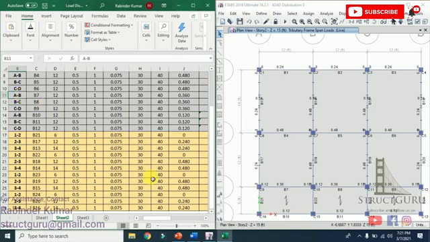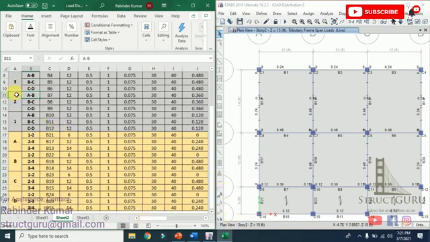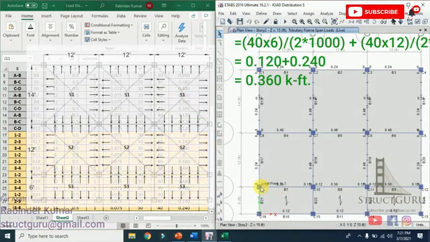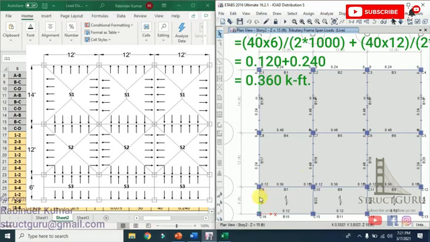For B7, let's see. B7 is along grid 2 between A and B, and the magnitude of B7 is calculated as 360, and yes, it is 360. This is a combination of triangular load from this side and rectangular load from this side.